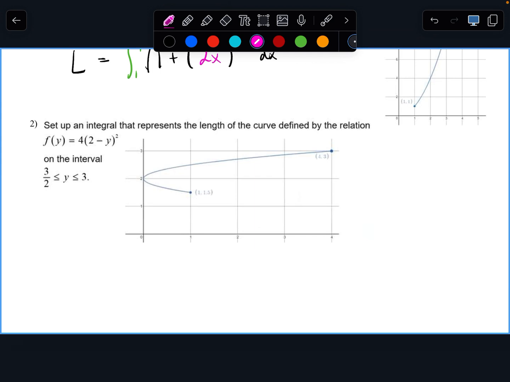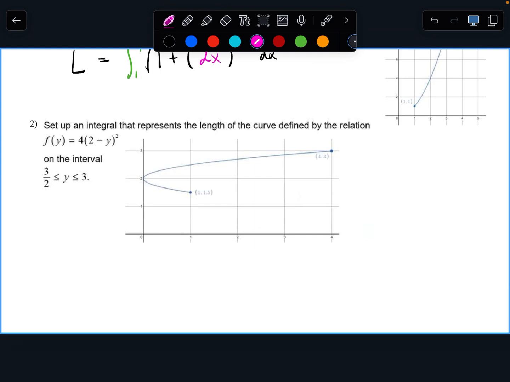So doing it in terms of x doesn't make any sense, because you're going left and then going back this way. That's another way to know you're doing y, because if you do it in terms of y, you're only going this way, hitting every value just once.